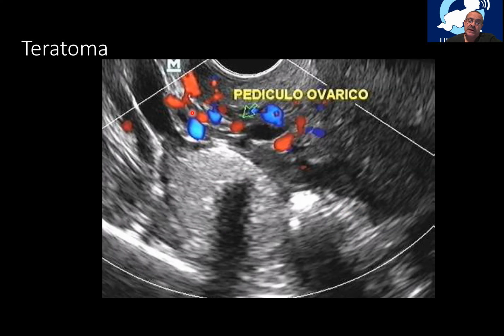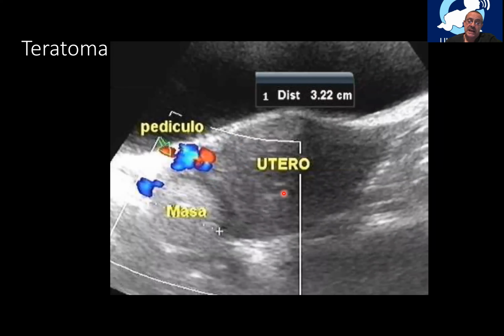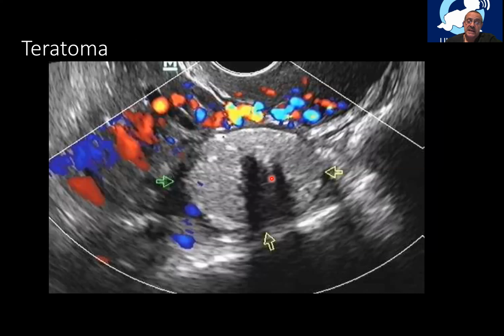Those are the ovarian blood vessels and the teratoma. Again, the ovarian blood vessels and the mass, the teratoma. Again, in a closer view, you see those changes of color.